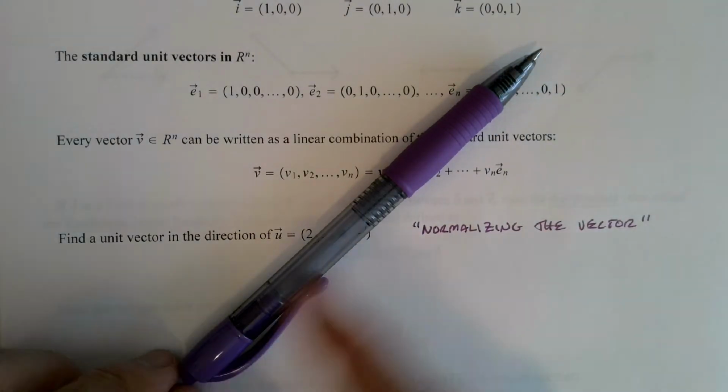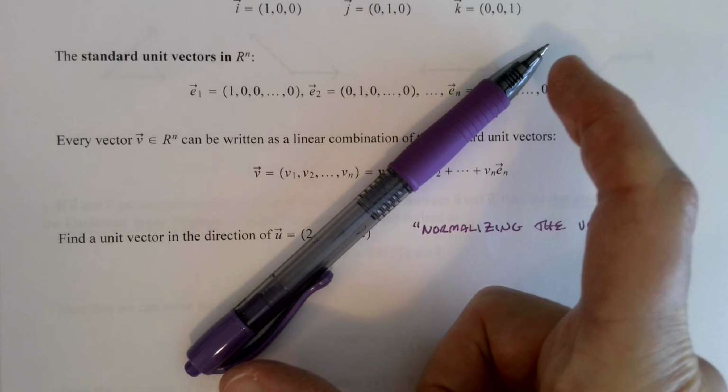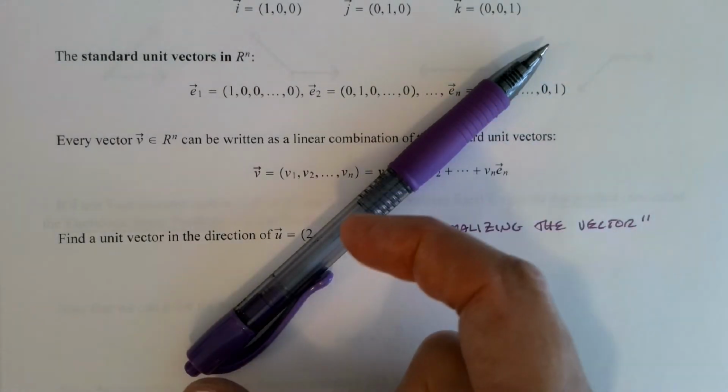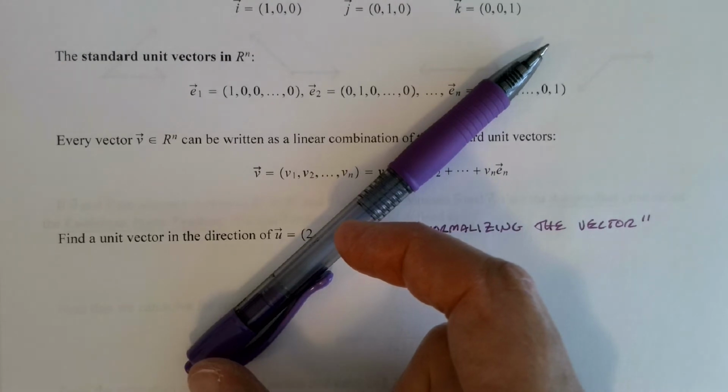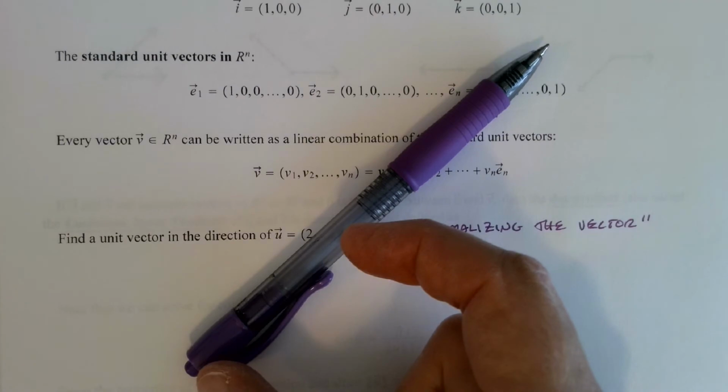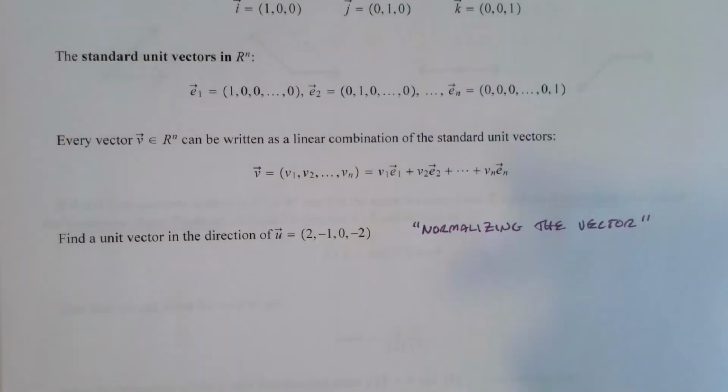So the length of this may not be 1, but to get a unit vector in that same direction, I want to scale it down so the length of the vector is 1, but it points in the same direction. So I just need to scalar multiply by the reciprocal of the norm.